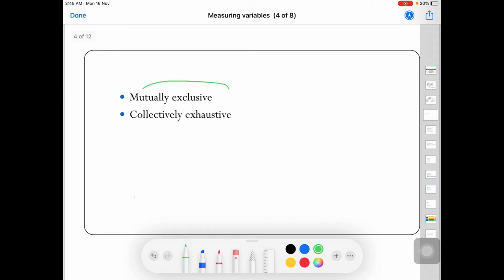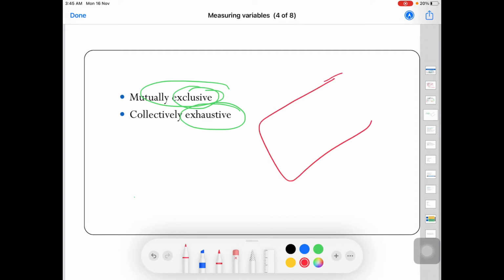The next point is that it is mutually exclusive and collectively exhaustive. This means that if you are asked a question like, in which semester do you study: first, second, third, or fourth? You say, for example, that you study in the first semester. Under that scenario, this is an exclusive answer, and the moment you answer it, the question is exhausted.